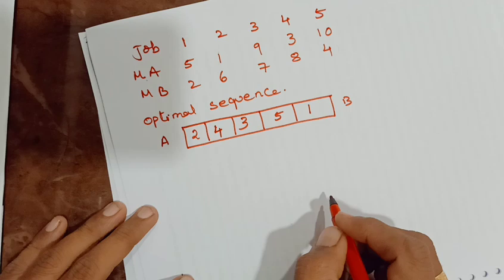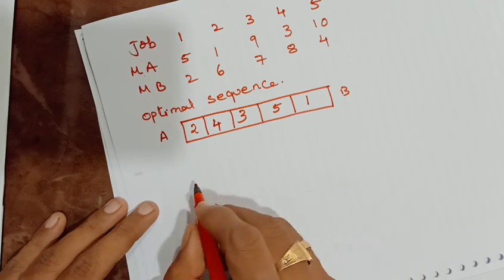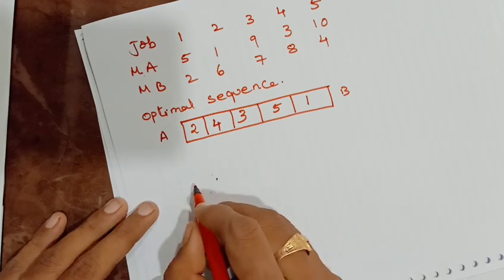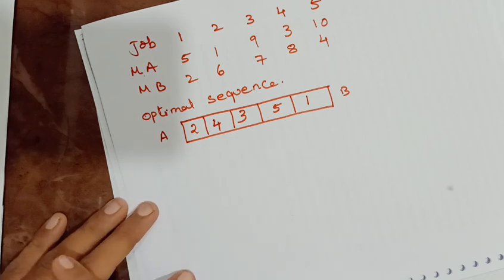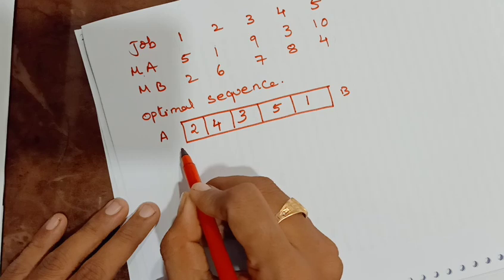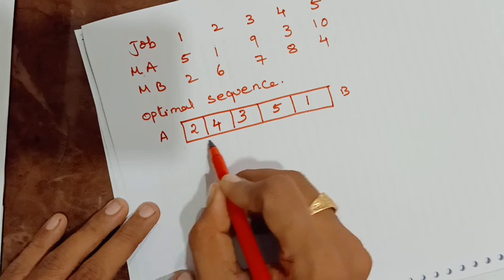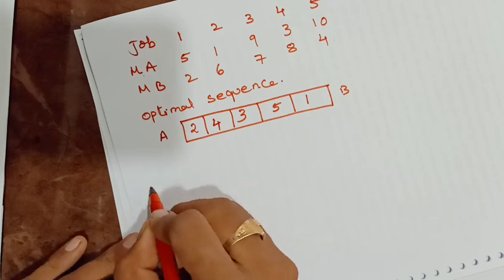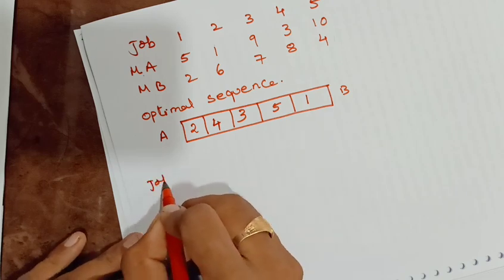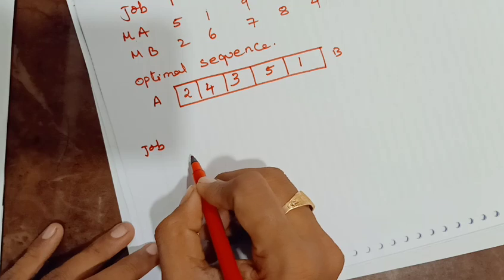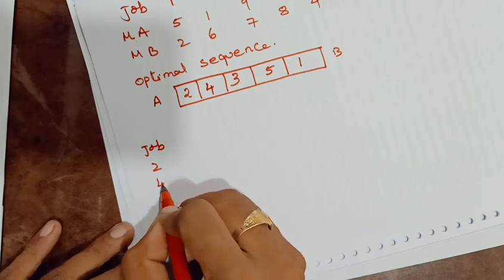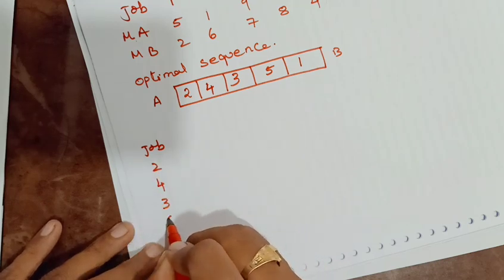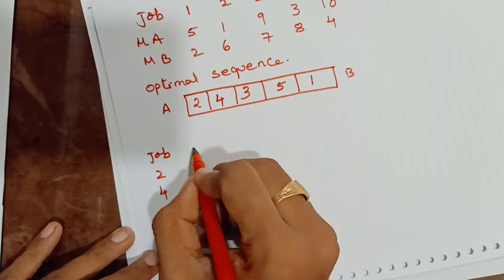Now we have to calculate the time in and time out for machine A and machine B in the sequence of these jobs. For machine A, we will be taking jobs 2, 4, 3, 5, 1.